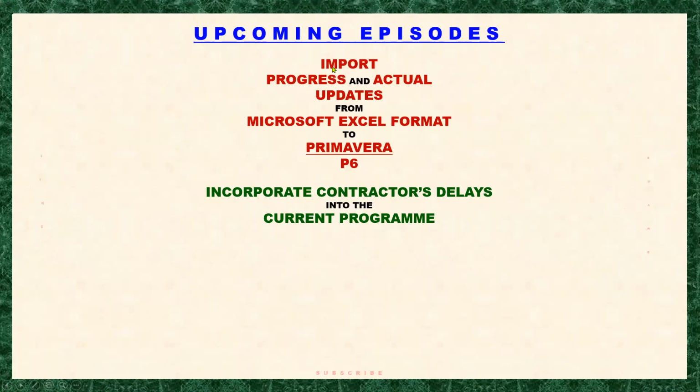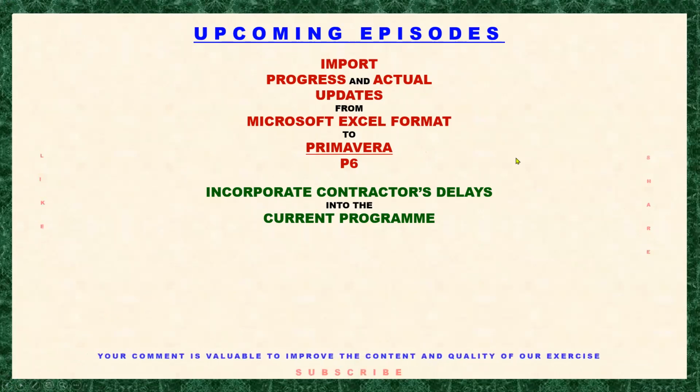Thank you for watching our video. Our next upcoming episodes are: import progress and actual updates from Microsoft Excel file format to Primavera P6. That means after our next episode, which is to update our exported Excel file format, this will follow. Also to follow is to incorporate contractors' delays into our current program.